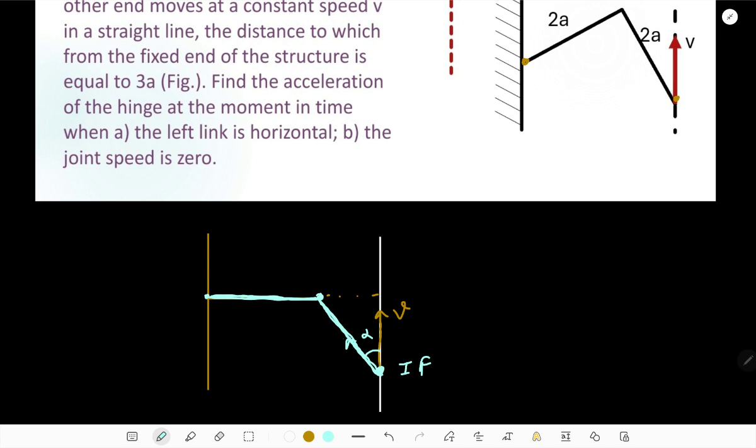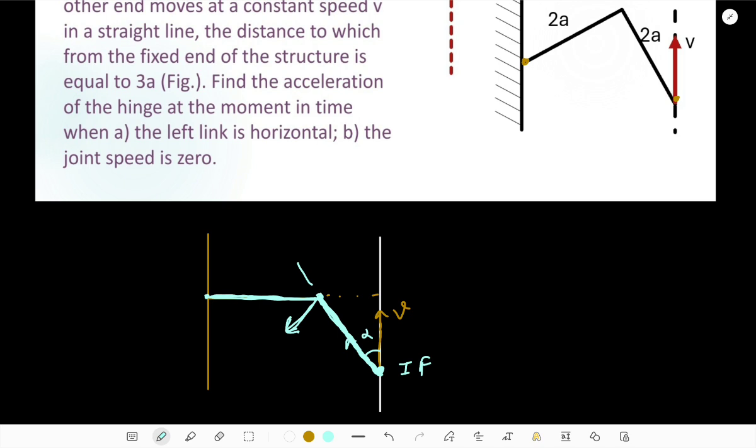So in the next moment, its velocity will be perpendicular to this line. But in which direction? Its speed is going to decrease. So with respect to the observer of our inertial frame, its acceleration will be in this direction, because next moment it is going to get some velocity in this direction, and in this direction it cannot get any velocity.